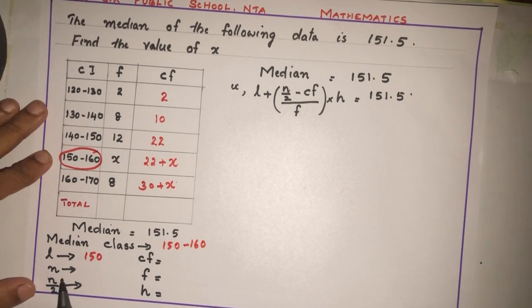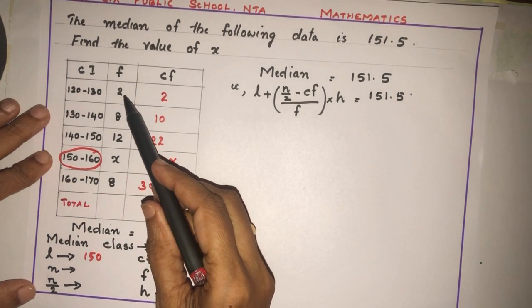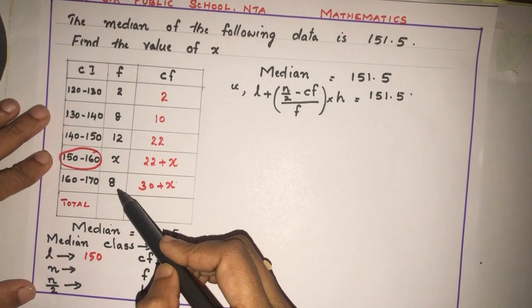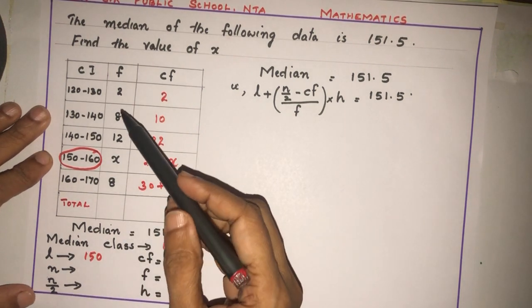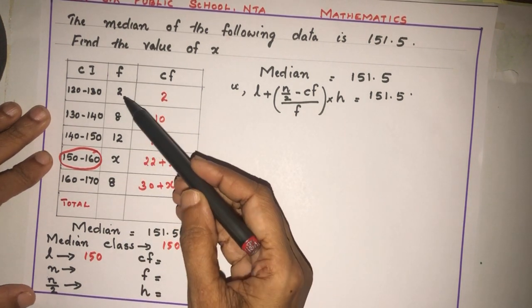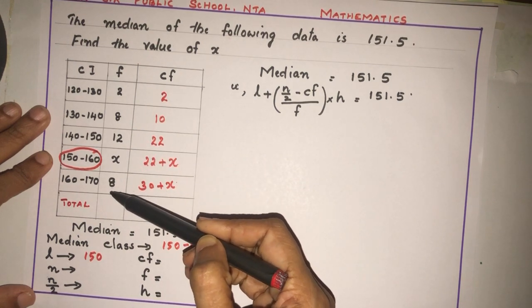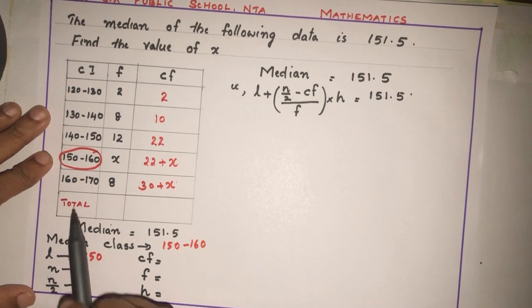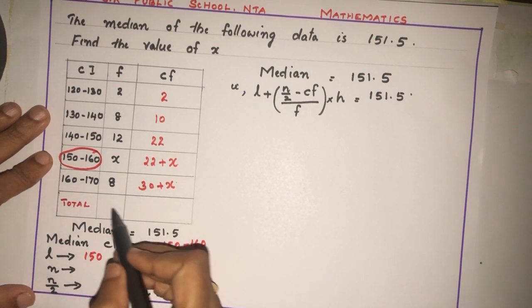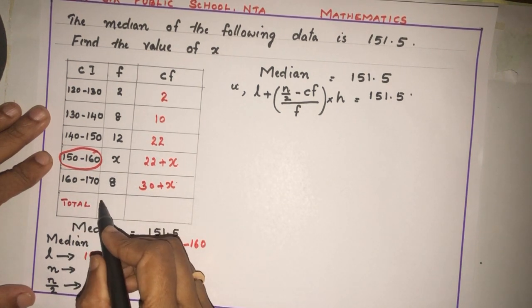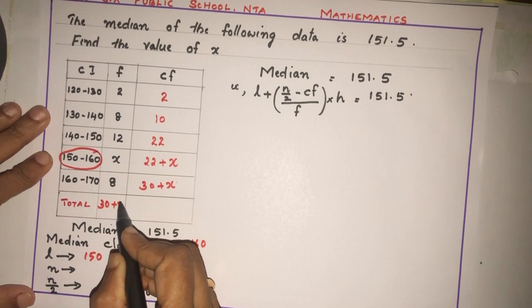Now n stands for total frequency, isn't it? Total frequency means by adding the frequencies we get the total frequency. So while adding these numbers, 2 plus 8 plus 12 plus x plus 8, the total frequency you will get is 30 plus x.